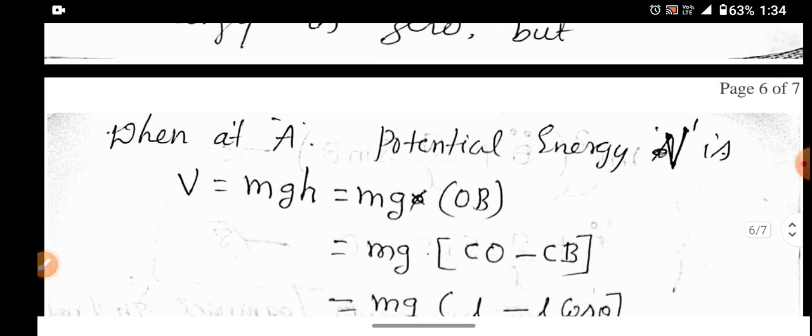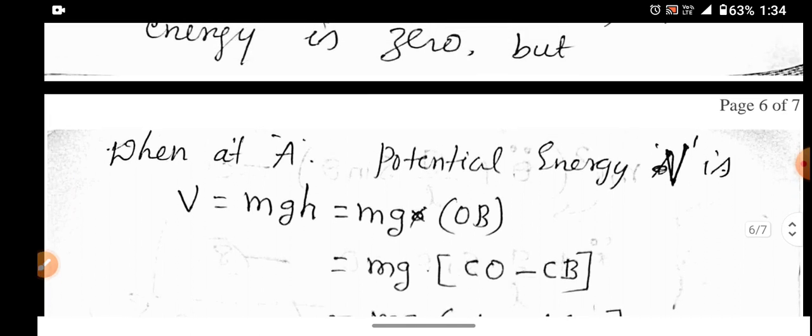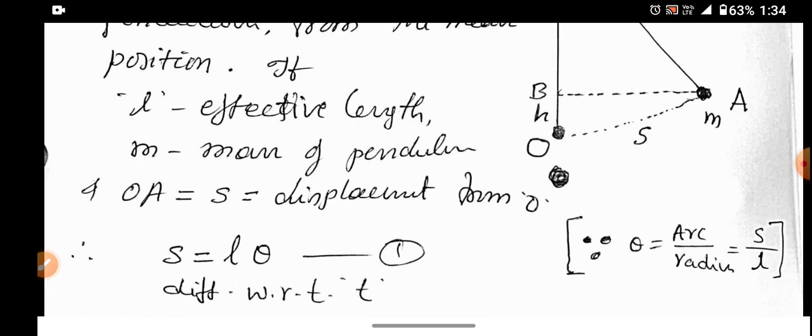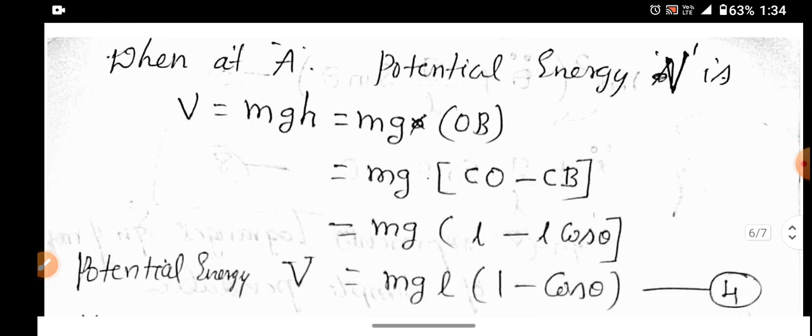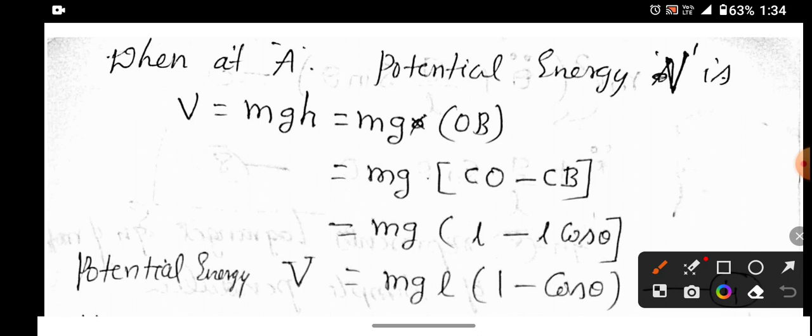When the bob is displaced from point O to A, it covers distance S. Then the potential energy it gains is given by the relation V is equal to mgh. Usually we write the equation of potential energy as mgh.